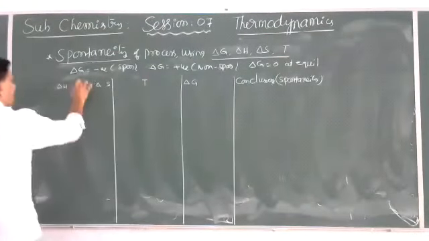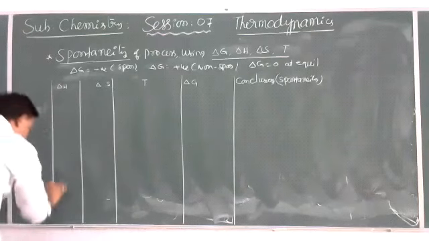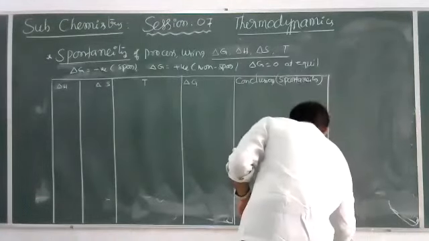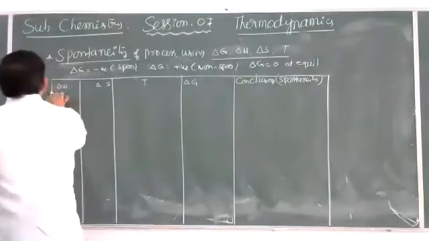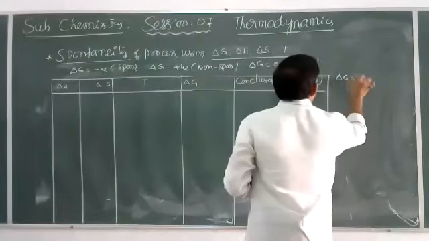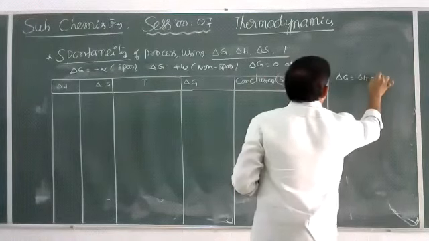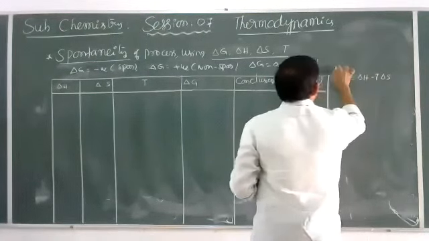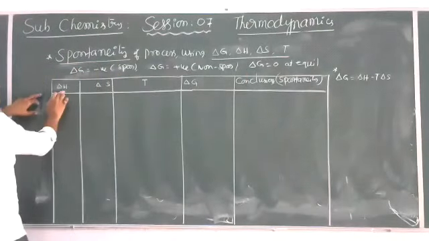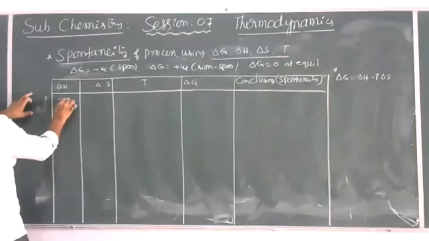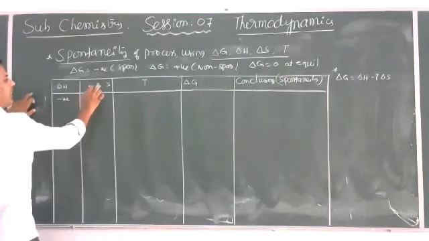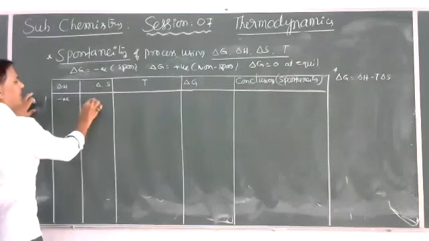Make the temperature column somewhat big, because there are 2 to 3 cases here. We know delta G is equal to delta H minus T delta S. I'll take the first case: delta H is a negative value, and delta S I will take positive.